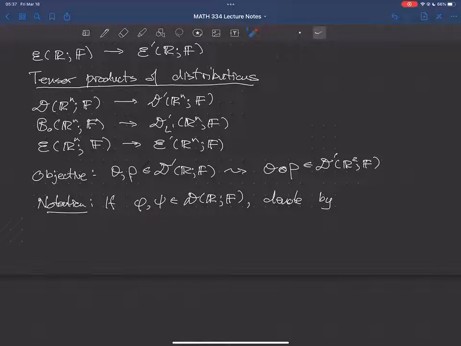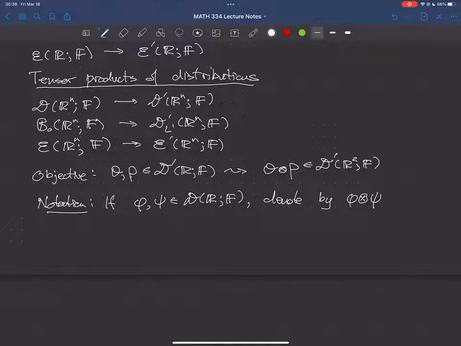So we're going to denote this by phi tensor psi. We introduced this tensor notation in a super specific setting when talking about differential equations; this is another variant of it, and there's a larger framework in which those two things are kind of the same.